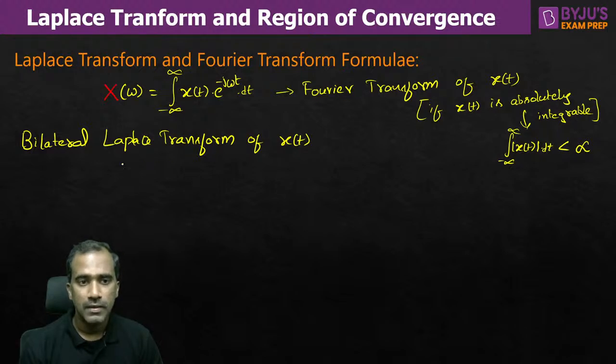The notation is capital X of s. The capital letter is used for representing the Laplace transform or Fourier transform. So capital X of s represents the Laplace transform of signal x of t.